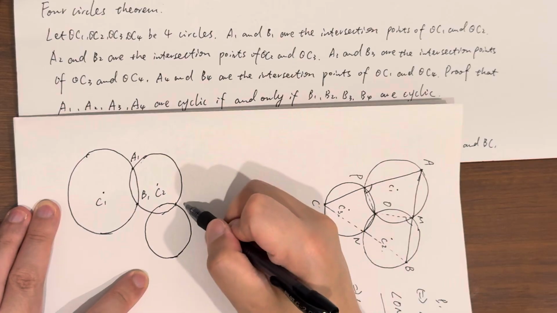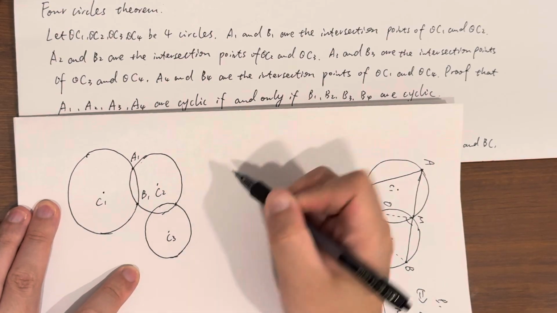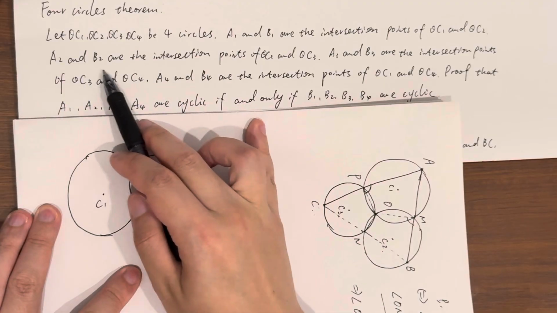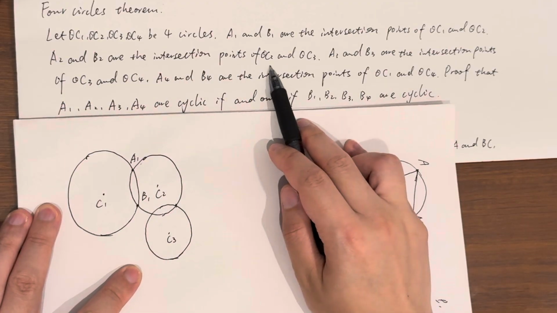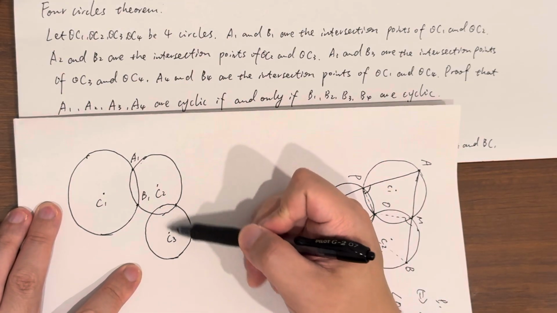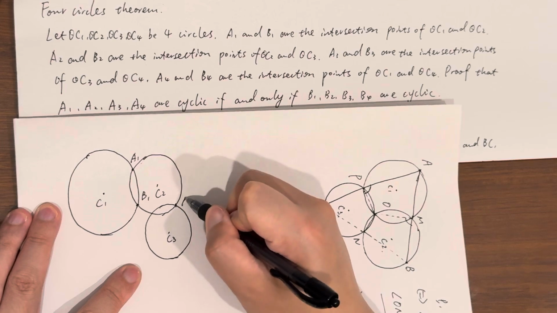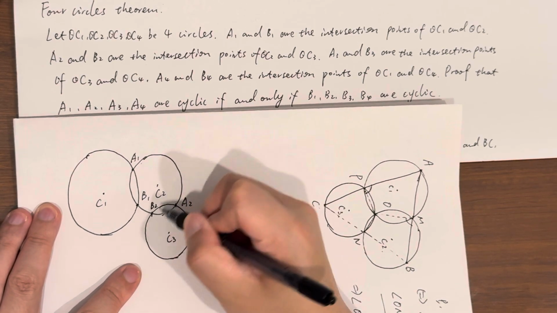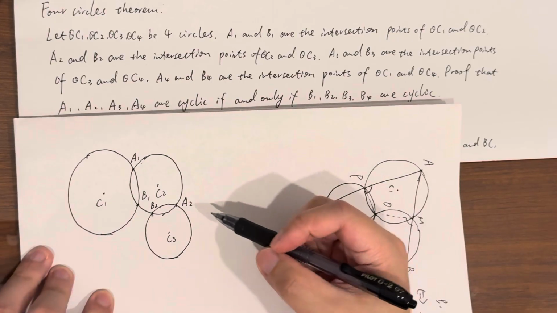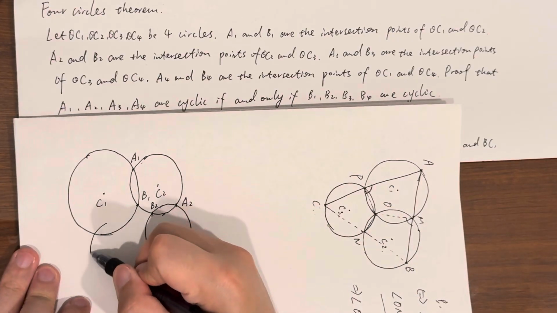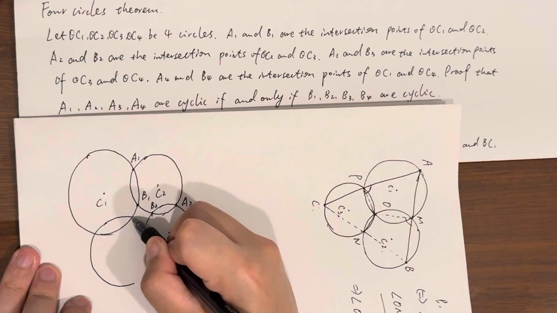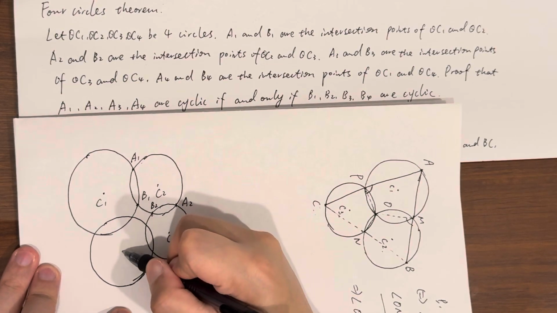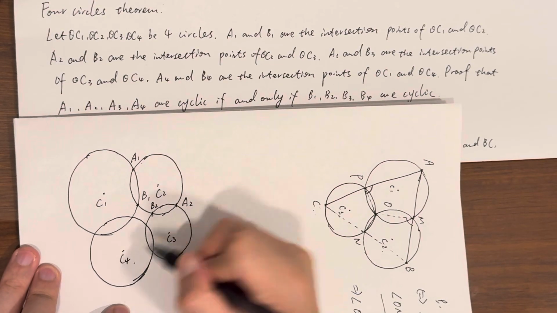And this is C3, right? A2 and B2 are the intersection points of circle C2 and circle C3. So we have A2 here, B2 here. Okay, this is C4.